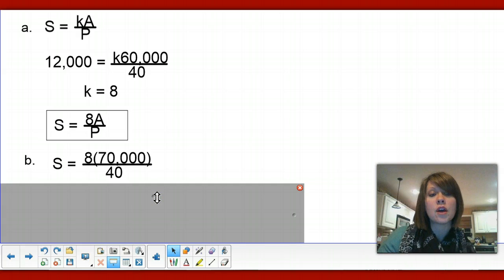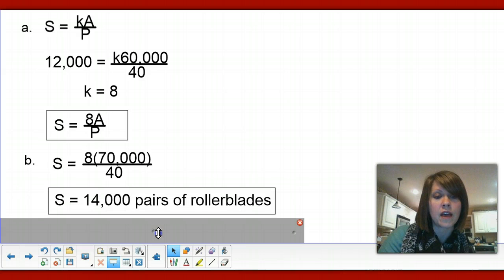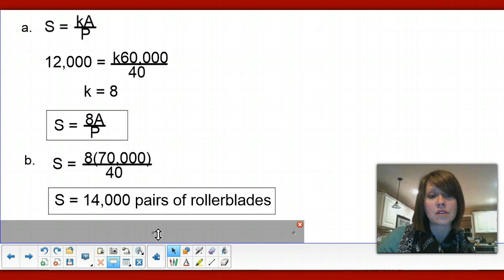Okay, so the sales will be based off of a K of 8, which we found in the previous part, advertising of 70,000 and a price of 40. And if we simplify that, we find that the sales would be 14,000 pairs of rollerblades if advertising was upped to 70,000 instead of 60,000.